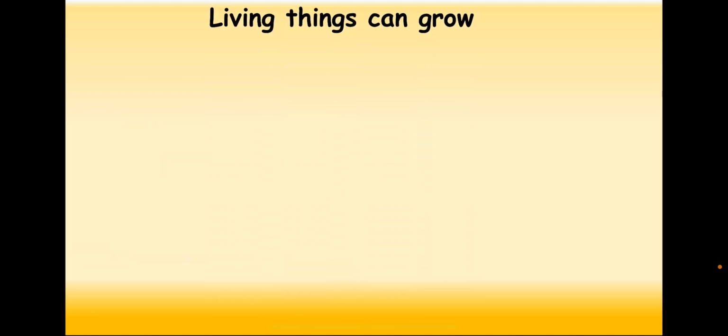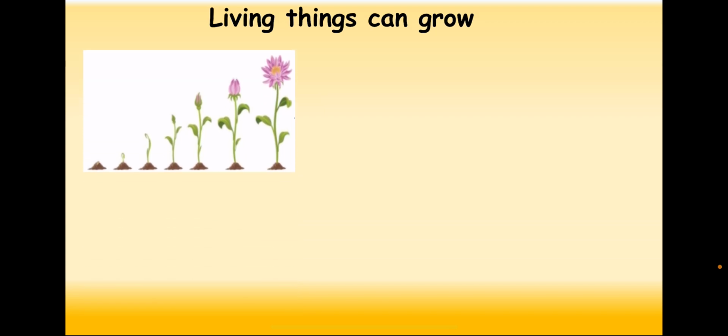First of all, we are going to read about how living things can grow. What do you see in the picture? The image shows how a seed grows into an adult tree, which again produces seeds, and the seeds in turn grow into an adult tree.